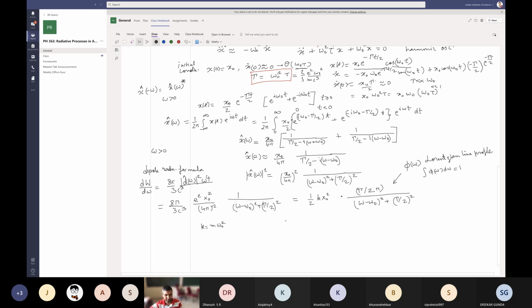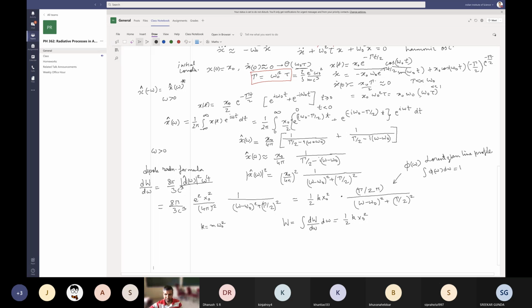And the interpretation is that W, which is the total energy of the oscillator, is the integral of dW d omega. If this is normalized to unity, this will just be half k x naught squared. So what it means is that an oscillator will emit all its energy if it radiates forever.